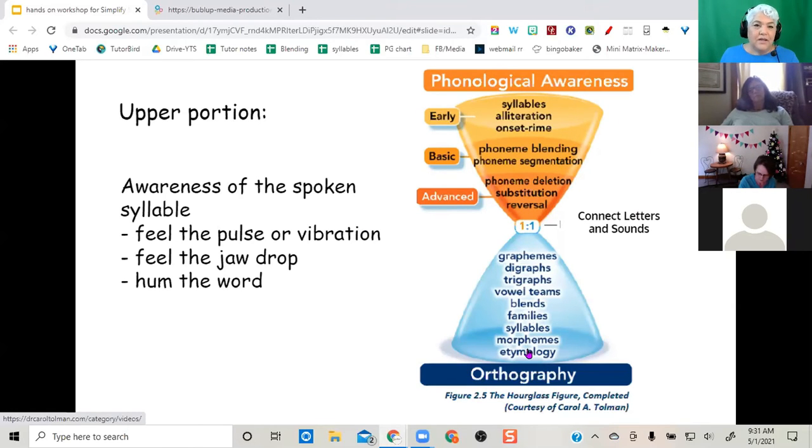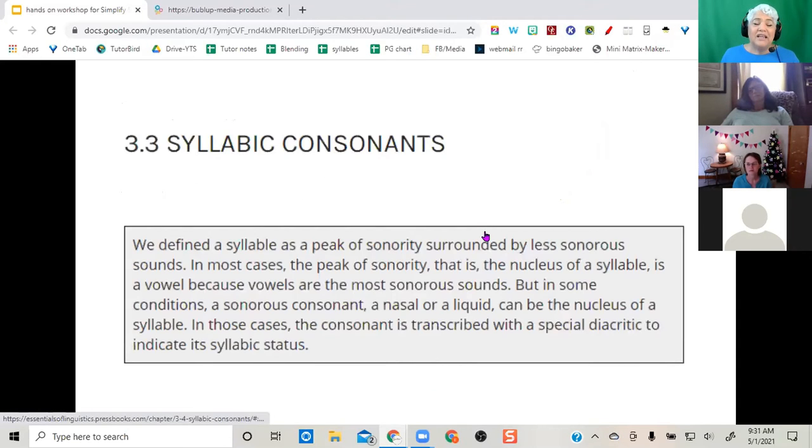But this is about the awareness. I want to get down here to where we talk about using that information to help us. But in the awareness, we have the really tricky subject of syllabic consonants. So if the syllable is built around the peak of sonority, which is usually a vowel, when is it not a vowel?